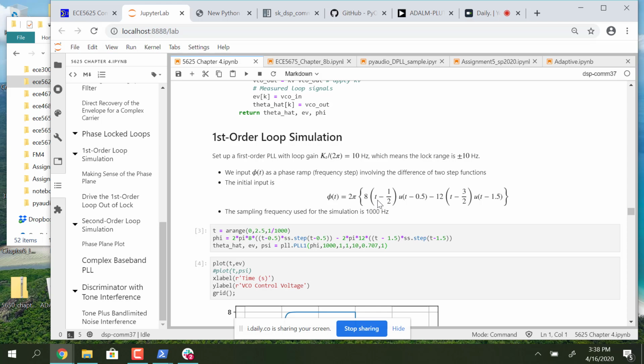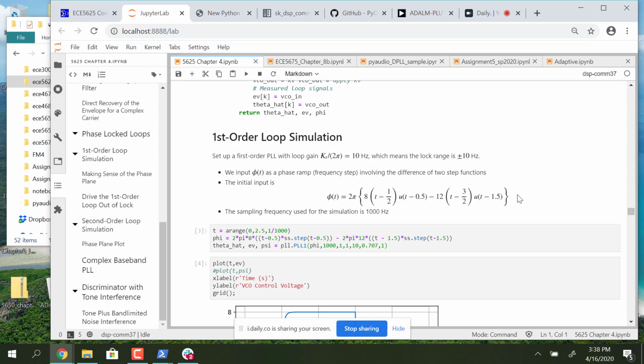At 1/2 second into the simulation, we hit it with an 8 hertz frequency offset. Then at 1.5 seconds into the simulation, we bang it back in the other direction by 12 hertz. So the net is 8 minus 12, which is minus 4. So as time rolls on, it's being pushed 4 hertz below its quiescent frequency.